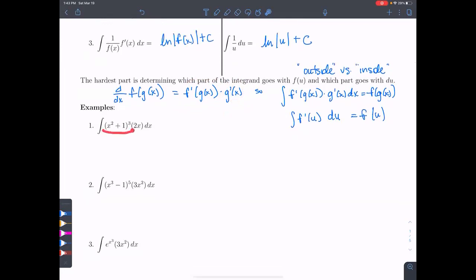So here, I hope you can see that something cubed is the big function, and the g here is x squared plus 1. So u is x squared plus 1, and f of u is u cubed.